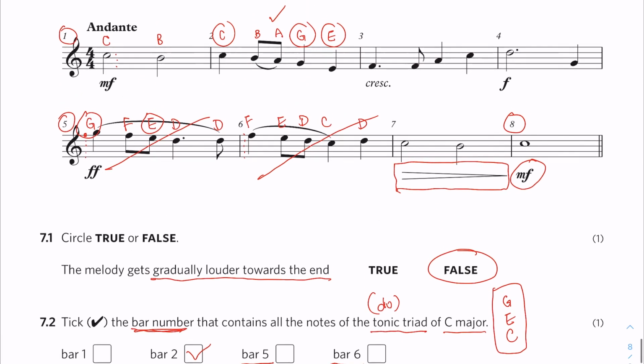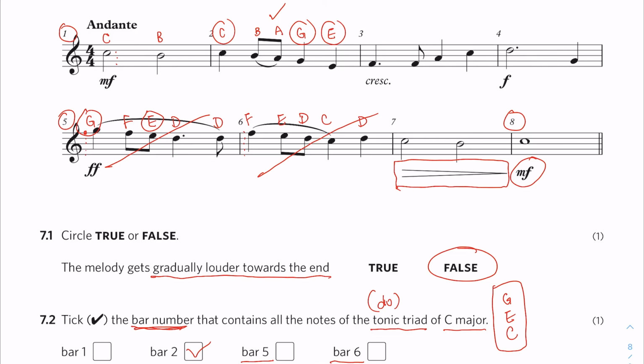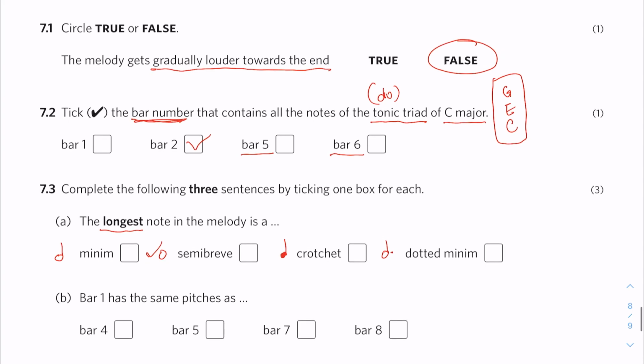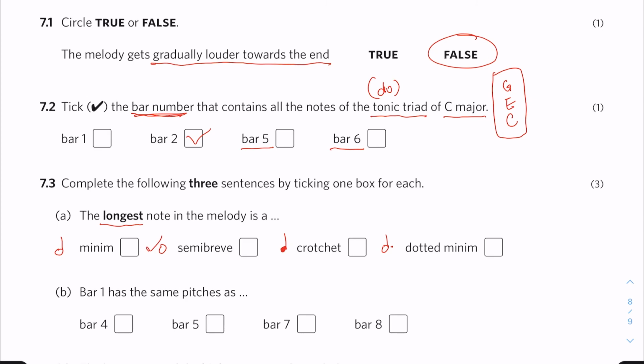We're going to go up to the excerpt, check and see if there's any semibreve. If you keep looking, you will notice that, oh, there we go. This is our semibreve. In bar number 8, we do have a semibreve. So the longest note is indeed semibreve. Question B, bar 1 has the same pitches as? Pitches refer to the sound of the note.